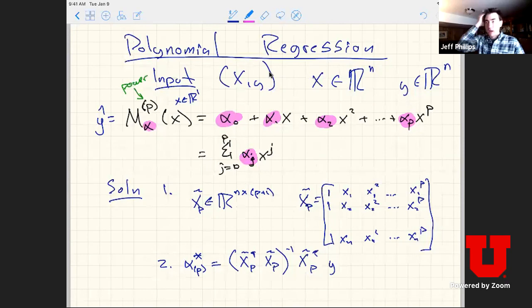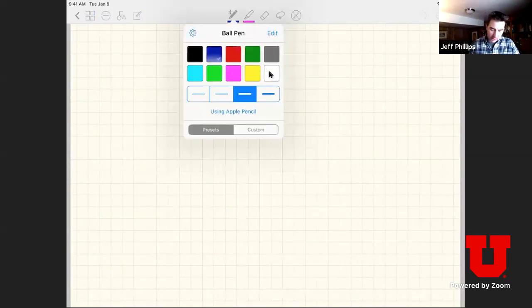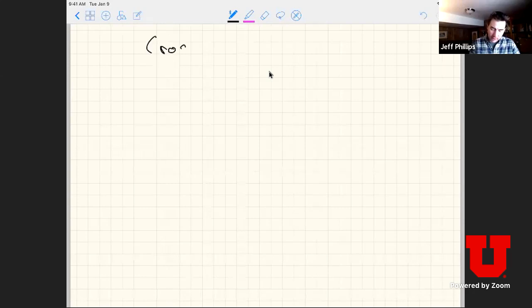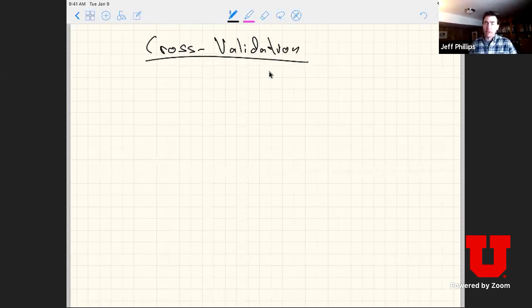So, okay, basically I want to cover, let me just say, I think I didn't go too fast on cross-validation. So just to say a couple words on cross-validation, because this is very important.